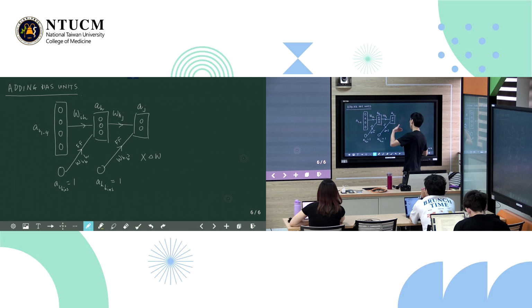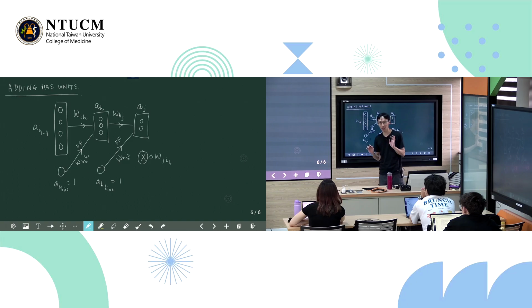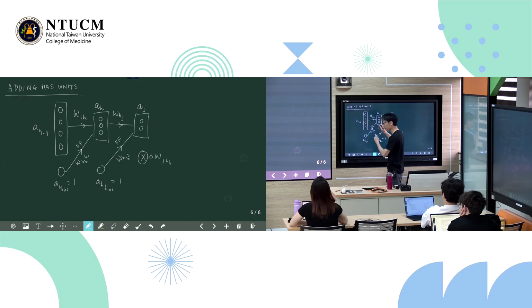There is no learning of the bias weights. There is only feed forward of the bias weights, but the bias weights don't get adjusted according to error. We do it this way, but it does affect the feed forward. So in other words, what it does is effectively a normalization.